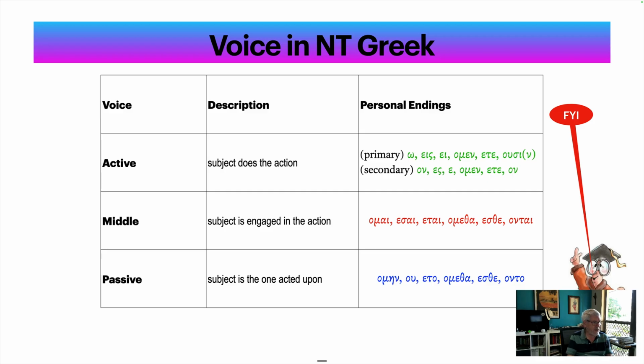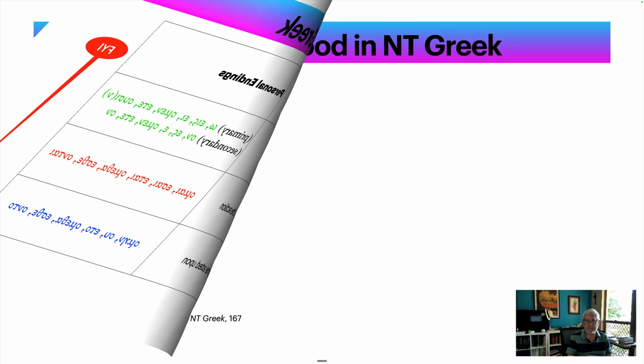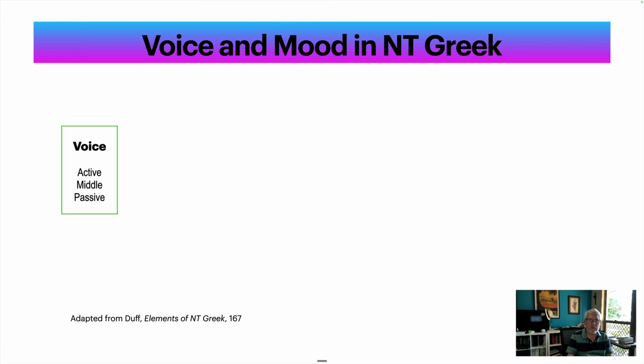Okay, so the way the verbs are built in Greek is if we start with voice, the action is either going to be an active action, a middle, or a passive. Okay, this chart I'm about to put up has been adapted from Duff, Elements of New Testament Greek. For each of the voices, there are a range of moods.